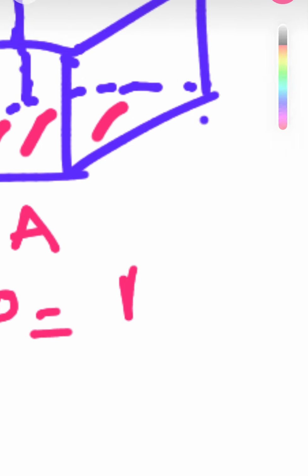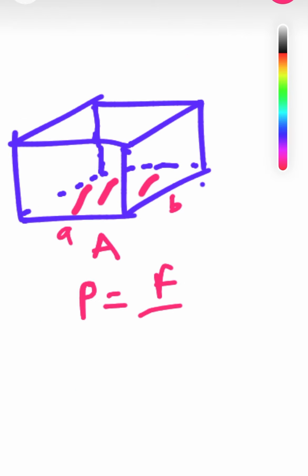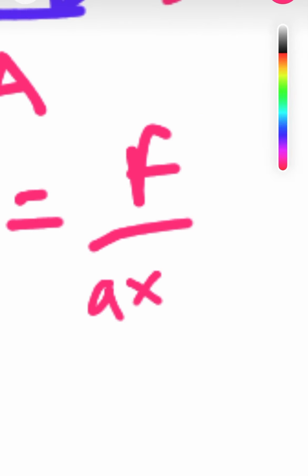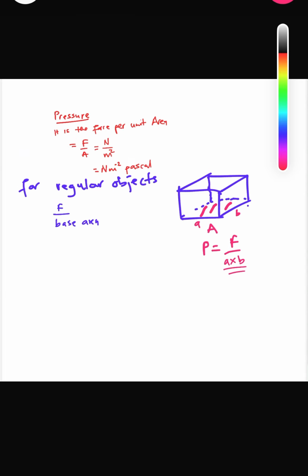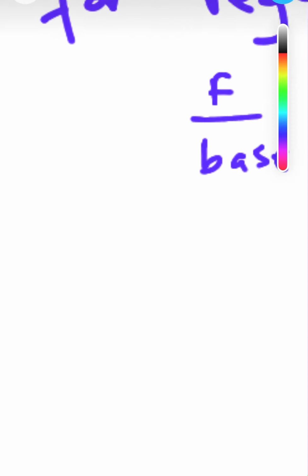So it will be simply pressure equals the force over the base area, which in this case, suppose that this was A, this was B, will be force over A times B, which we know, for a rectangle, is length times width, or rather side times side if it was a square. So that's what I have. So of course the next aspect, I'll go to liquid pressure.